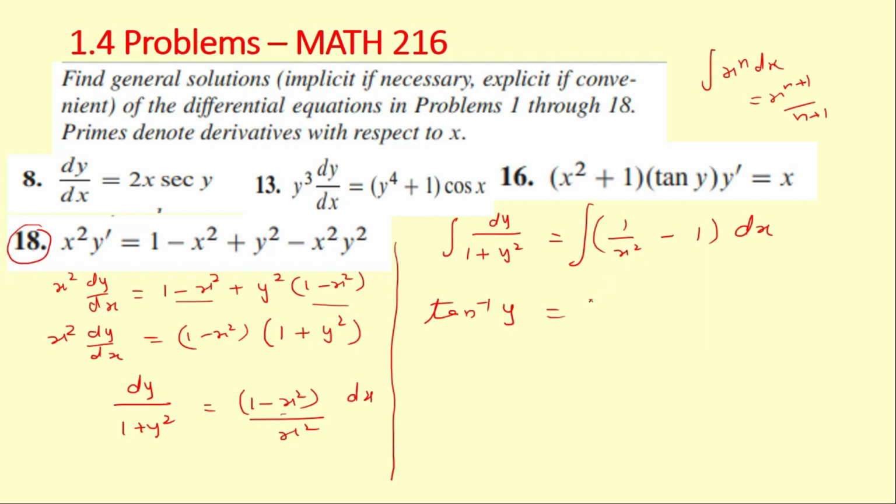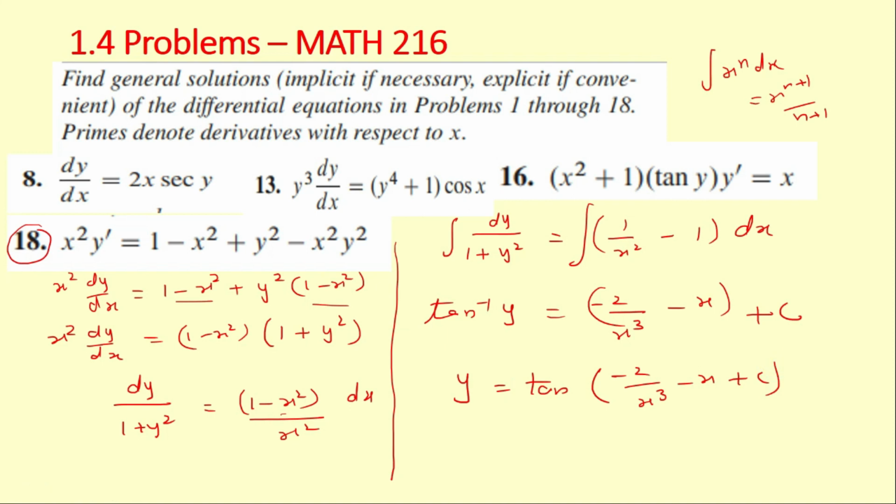You will get minus 2 over x power 3 and minus 1 will give you x plus an integration constant is c. Well, when you want to remove tan inverse, take tan on both sides. That is y is equal to tan of minus 2 over x power 3 minus x plus c. That's the end of question number 18.